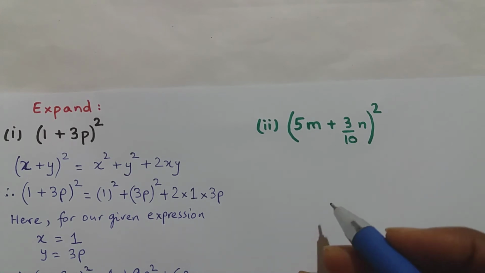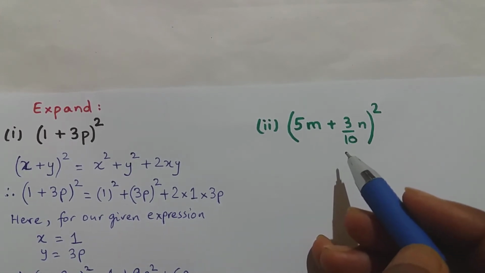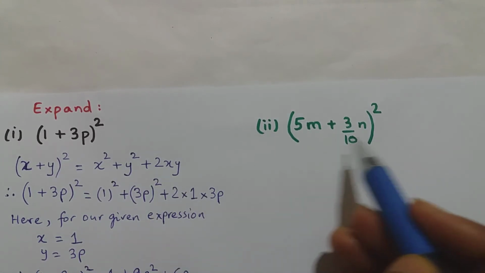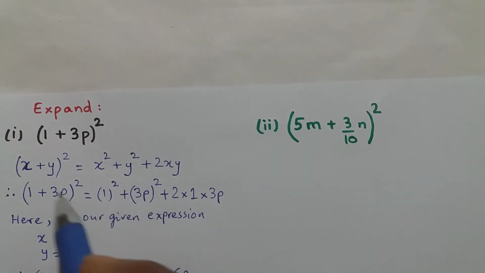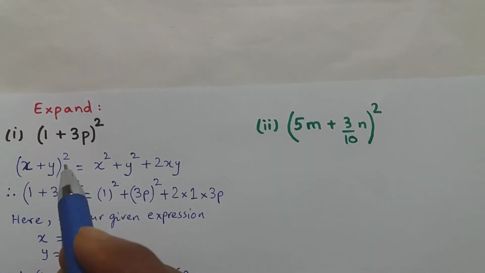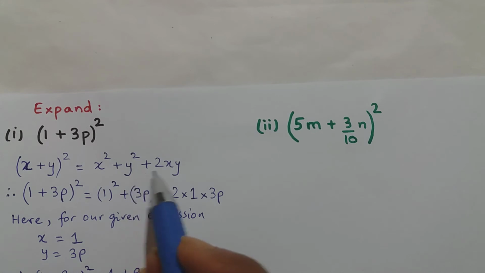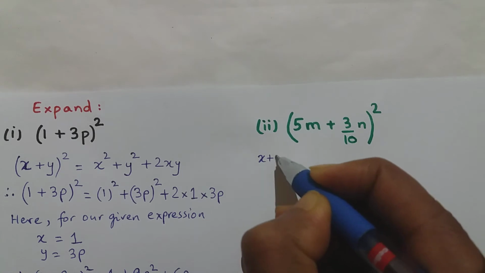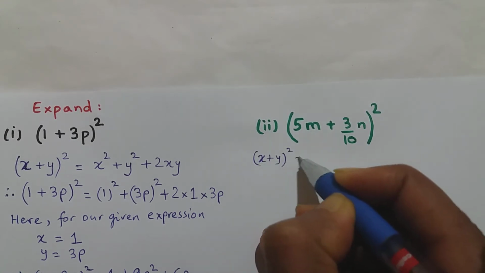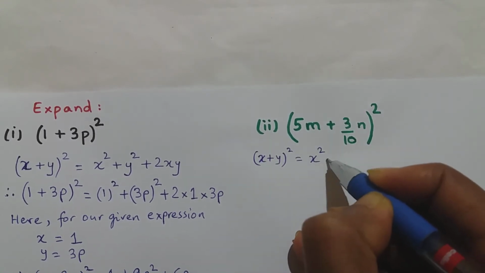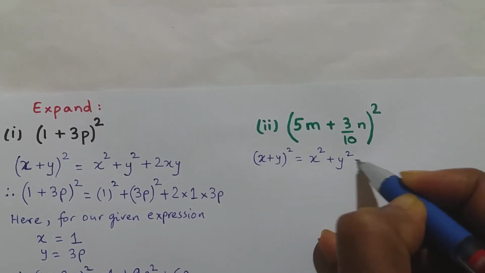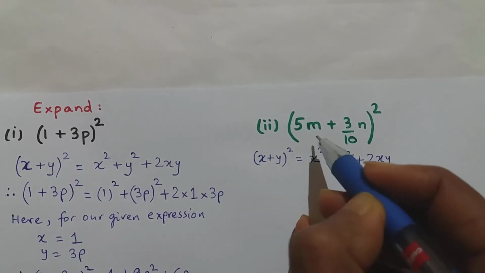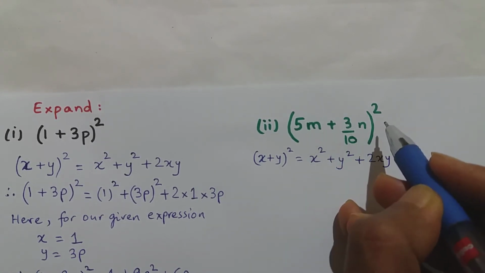Here also I am going to use the same algebraic identity: x plus y whole square is equal to x square plus y square plus 2xy. Using this identity, I am going to expand our given expression.